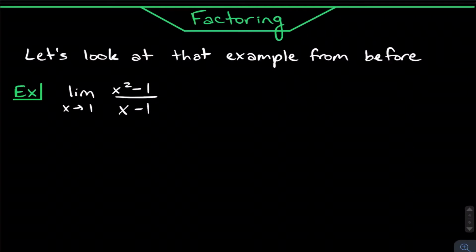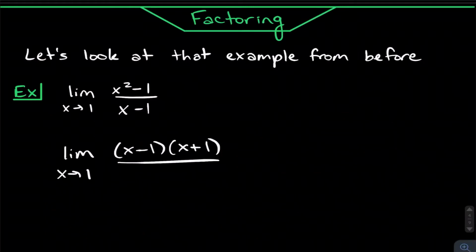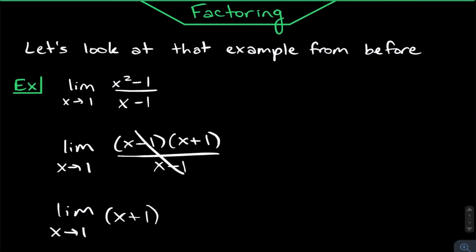Now, we can factor this, and so we can write this as the limit as x approaches 1 of x minus 1, x plus 1, all over x minus 1. Here, you can see that we can cancel the x minus 1s, and so we're left with the limit as x approaches 1 of x plus 1. This right here is something that we can plug into, just like we had with that example in the red section, the polynomial.